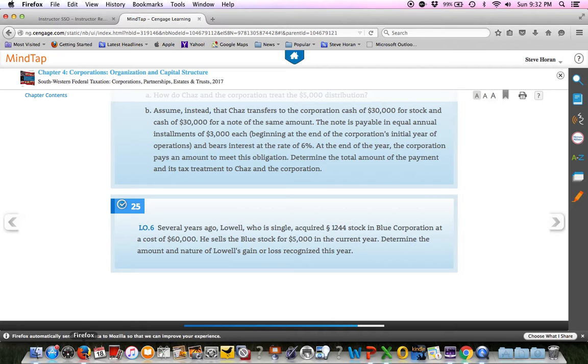So therefore this is a $55,000 loss. As a single taxpayer, which they mentioned for Lowell, the ordinary loss is $50,000 and the capital loss is $5,000.